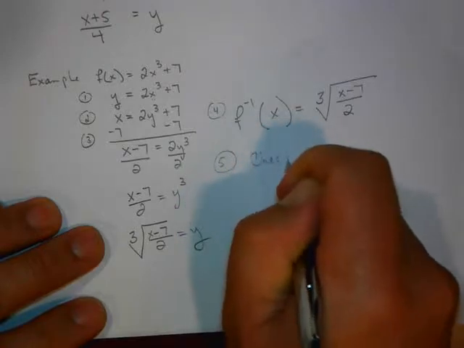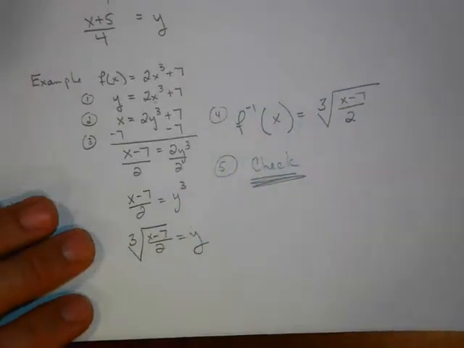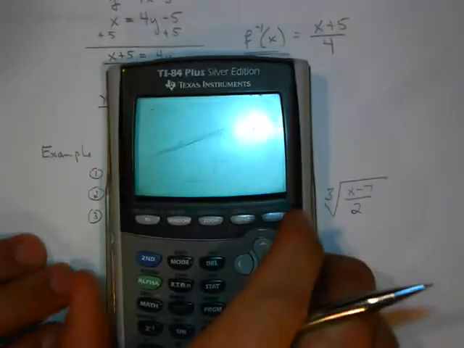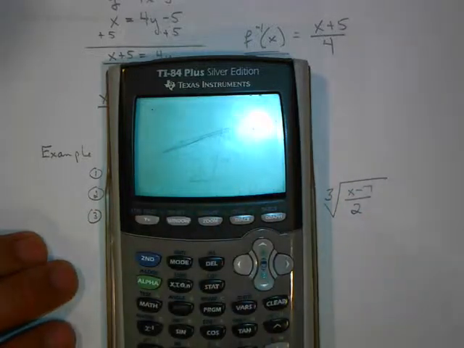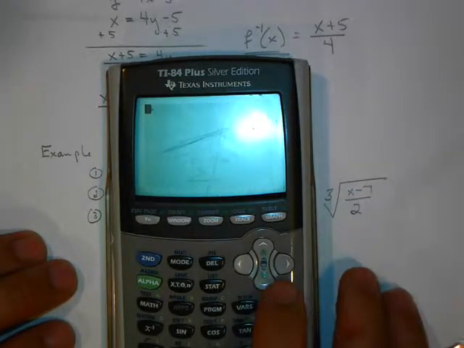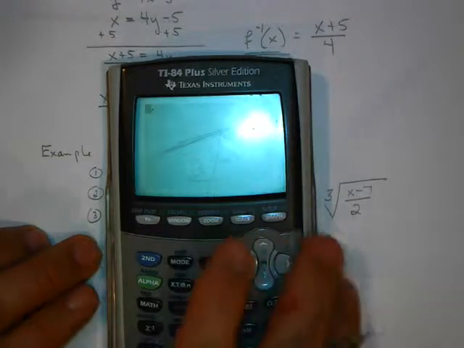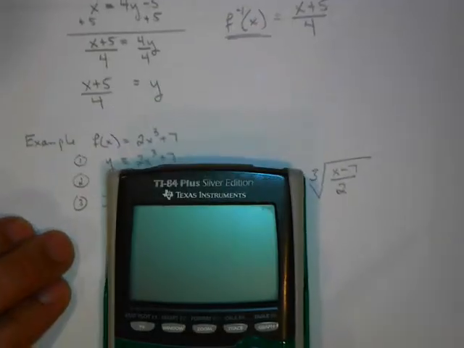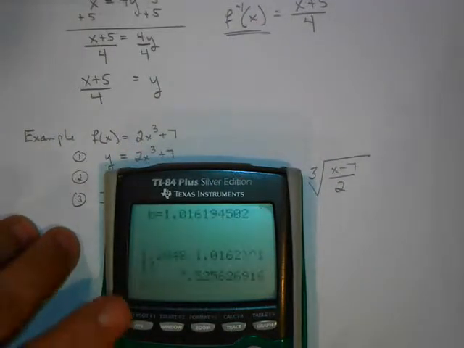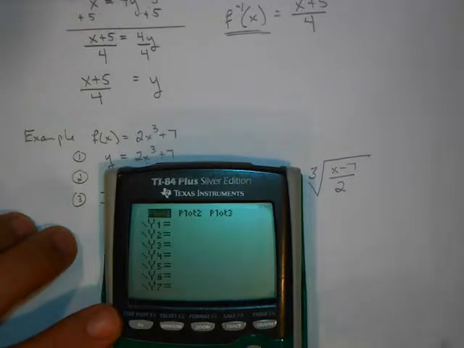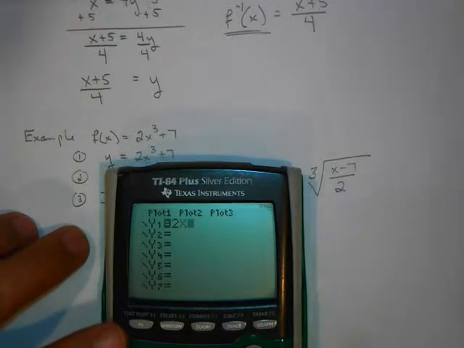So if we go, let me use the other one here. So if we go y equals, clear, I'm going to turn that plot off again. So 2x to the third plus 7. And my inverse is the root.